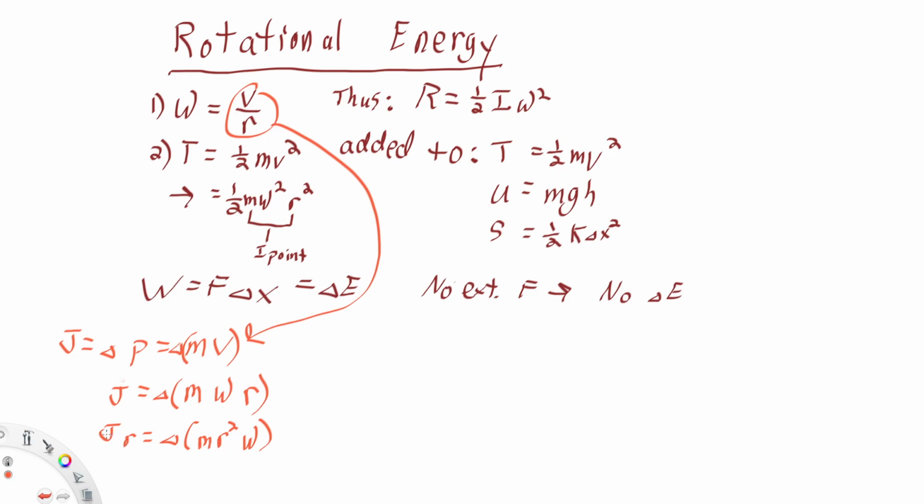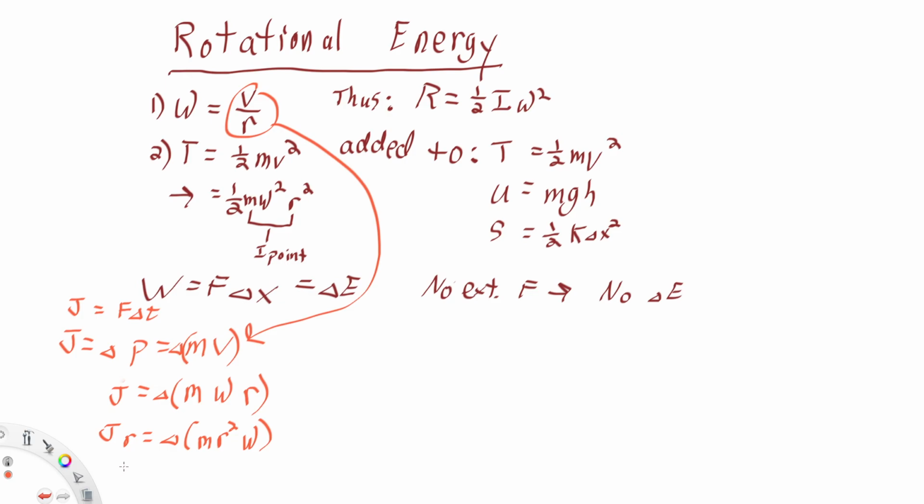And this j times r, so remember that j, our impulse, is a force applied for a time. So if we multiply that by our r again, we're going to have F times r times delta t. But from our last discussion before the break, a force times the distance to the axis of rotation is a torque.